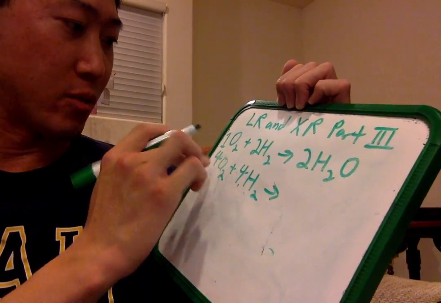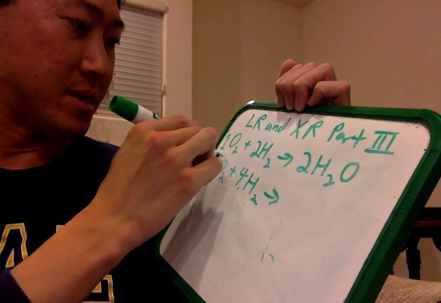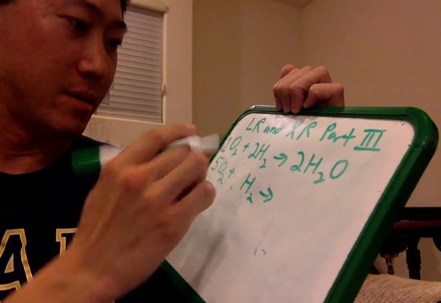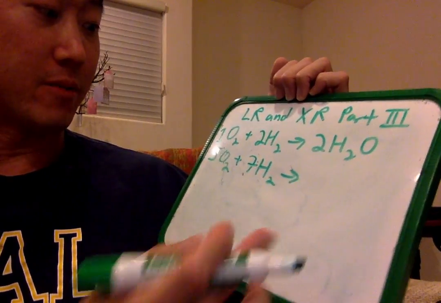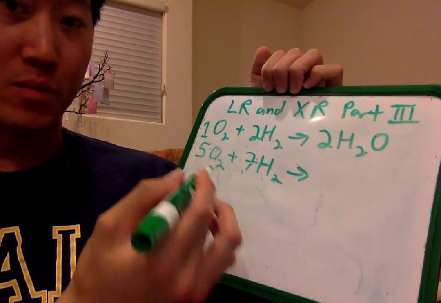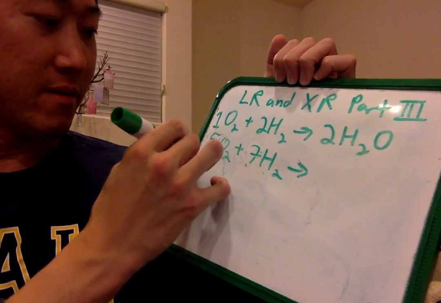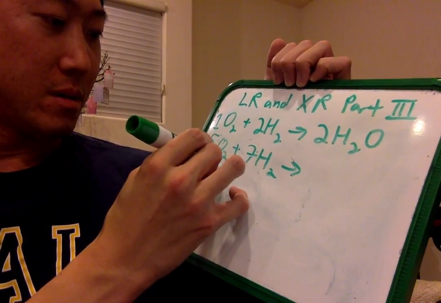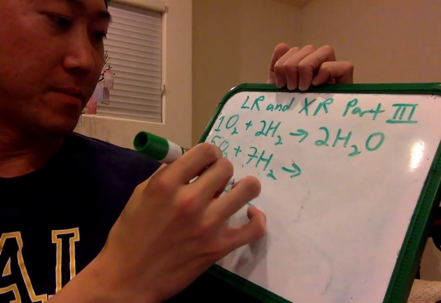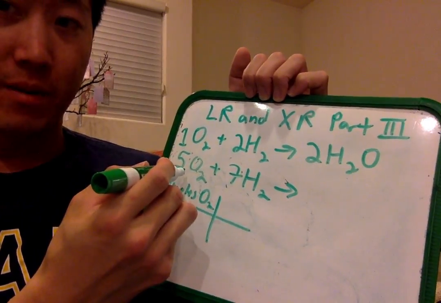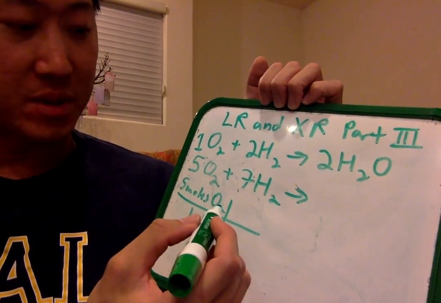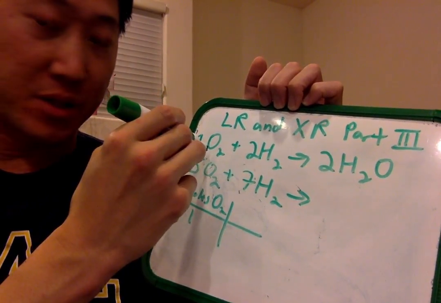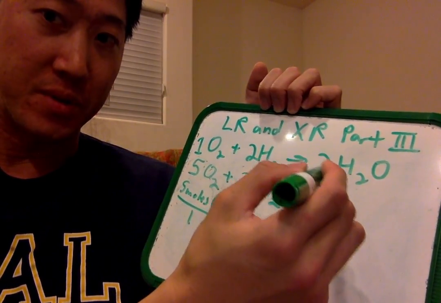So let's make the numbers a little more complicated. Let's say 5 here and 7 here. Okay, so now let's start using moles. So 5 moles of oxygen over 1. That's what we have. The next step is the recipe. Well, the recipe says 1 mole of oxygen will give us 2 moles of water.